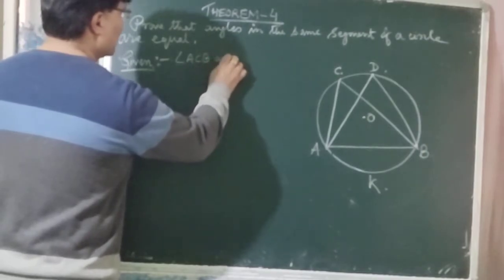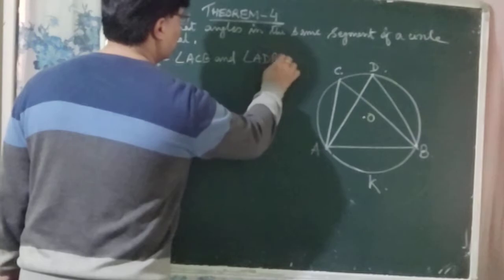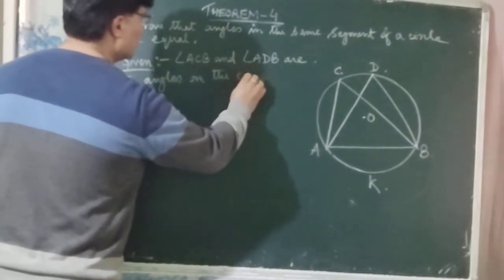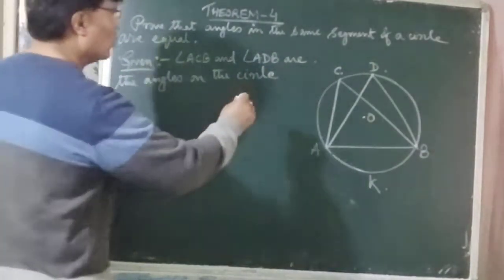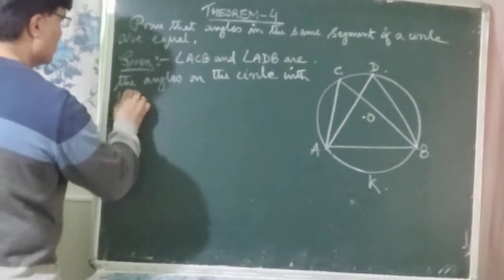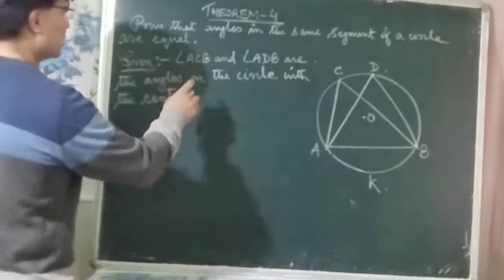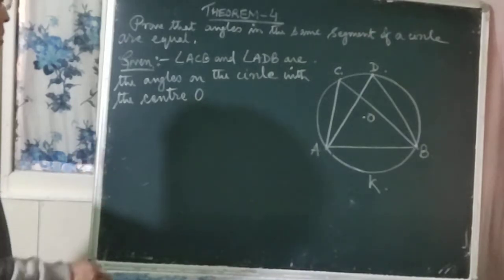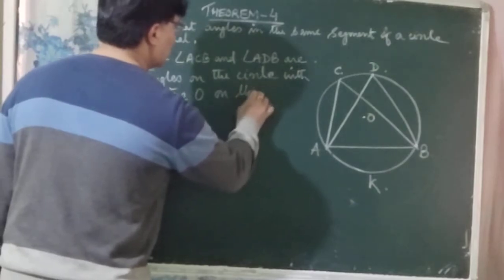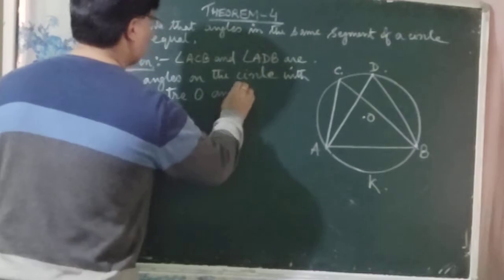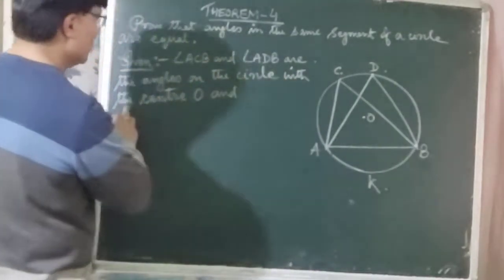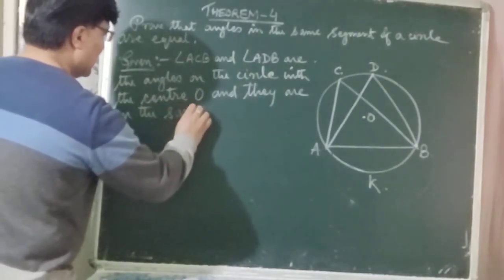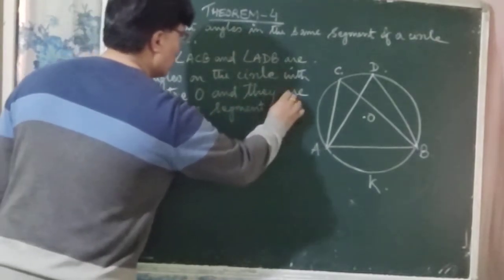Angle ACB and angle ADB are the angles on the circle with the center O, on the same segment of the circle.